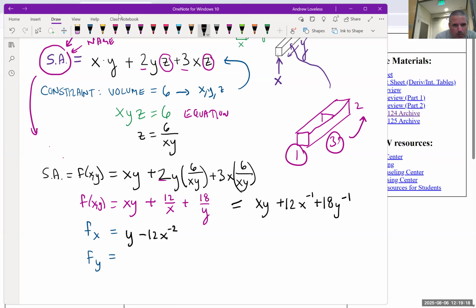And the derivative with respect to y is x minus 18. And I personally would rewrite it without the negative exponent because I think it makes it easier to solve. But that's not necessary. But I need to know when those are both 0.